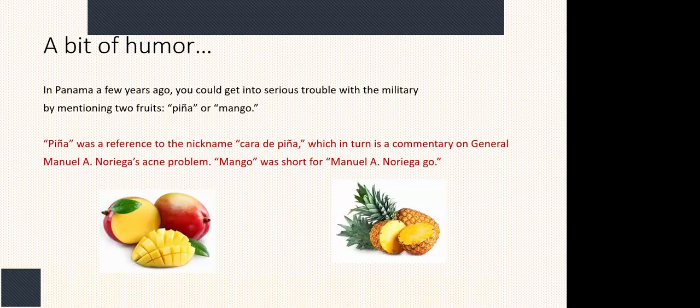These are like words that mean fruits, but in our cultural, Panamanian culture, they have another meaning. So the meaning changed, and it's a political one, but it's related to our Panamanian context.